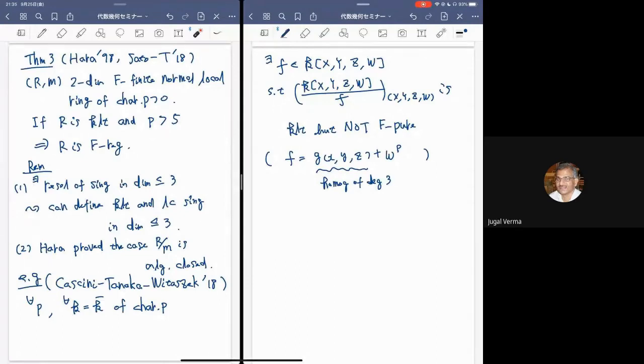From now, let me talk about the geometric application.